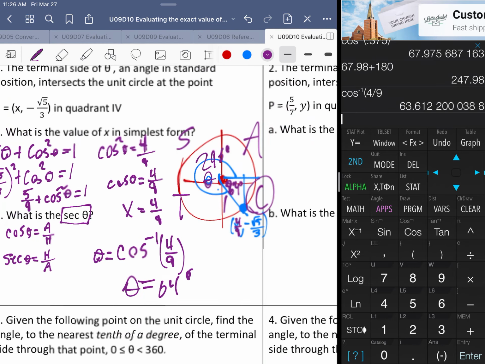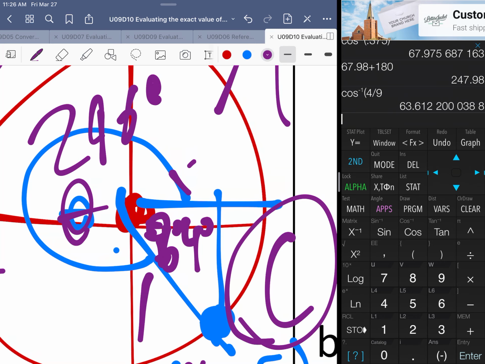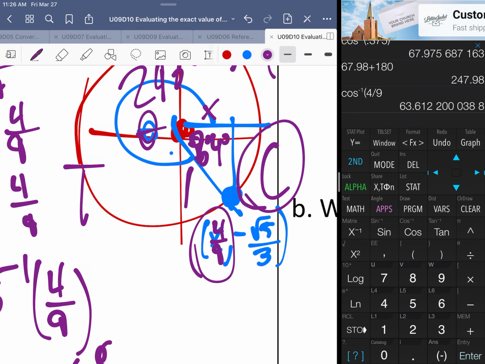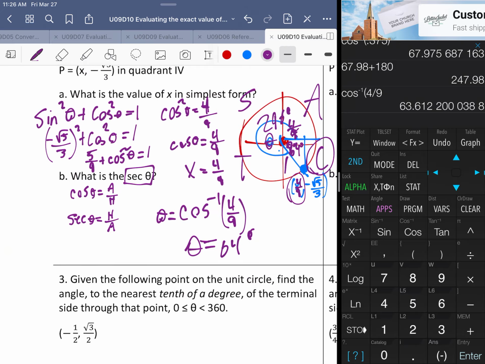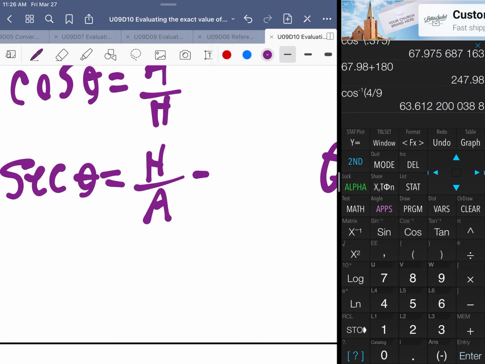So from our angle here, adjacent is the x value, which is cosine, or 4/9. So cosine would be 4/9 over 1, so we have 1 over 4/9. Now I'm going to call that 1 over 1.